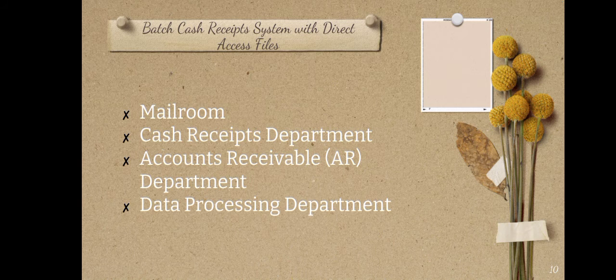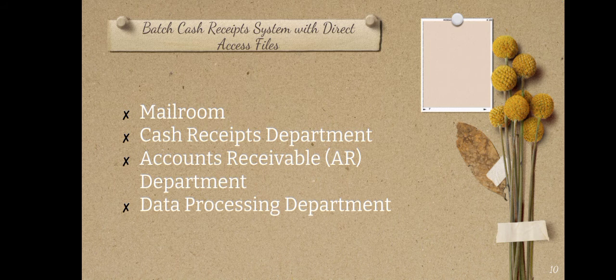It starts with the mailroom, which separates the checks and remittance advices and prepares a remittance list. In the cash receipt department, the cash receipt clerk reconciles the checks and remittance list and prepares the deposit slips. In the accounts receivable department, the remittance advices and remittance list are received and reconciled by the AR clerk.